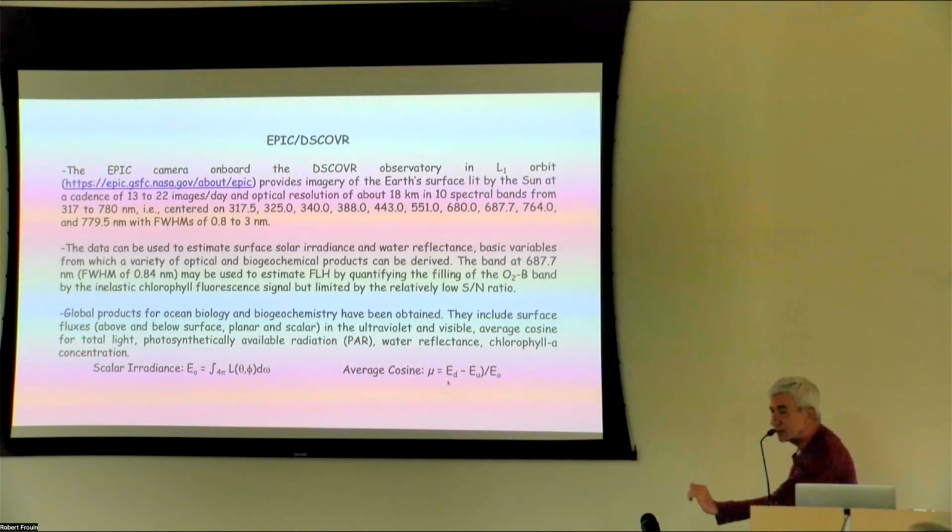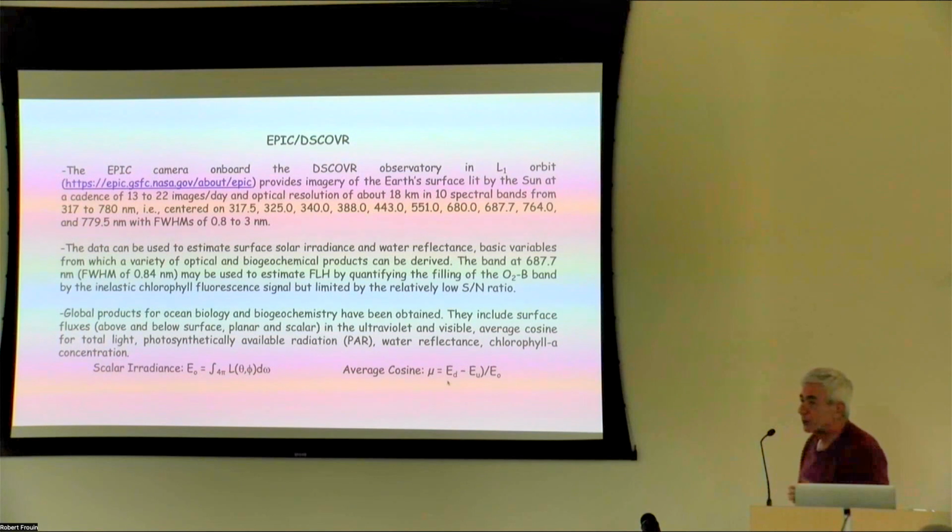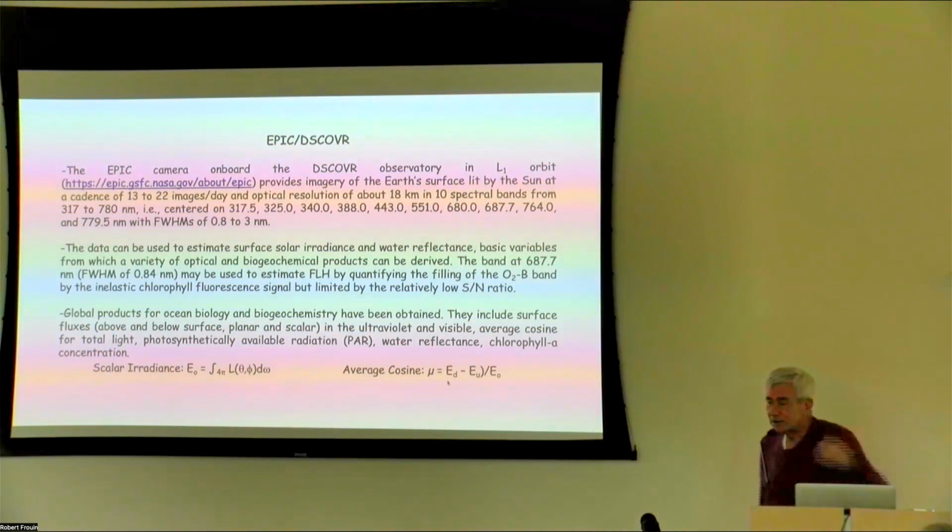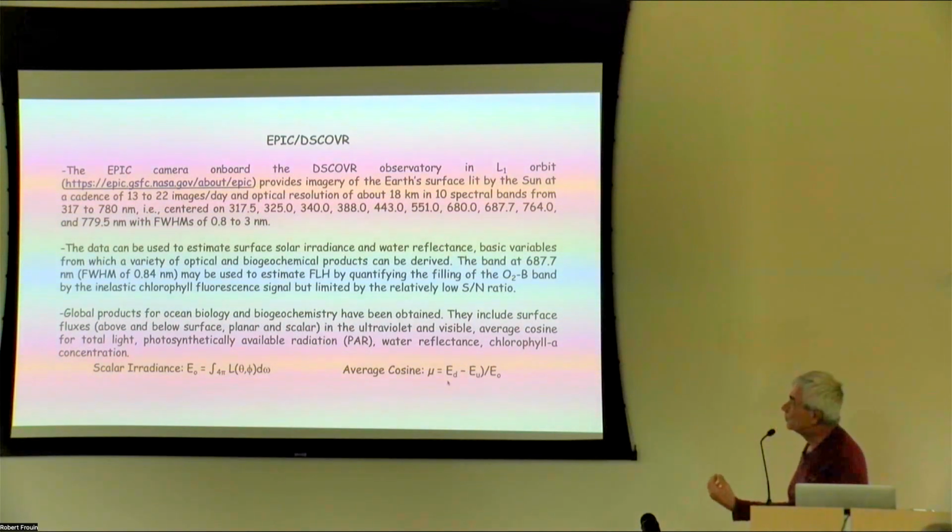So you can see that you have an instrument from 1.5 million miles that measures with sufficient accuracy, if you wish, in spectral bands which are very narrow.